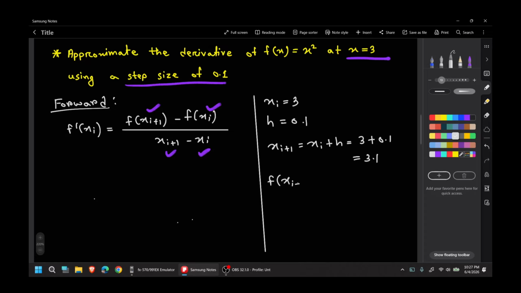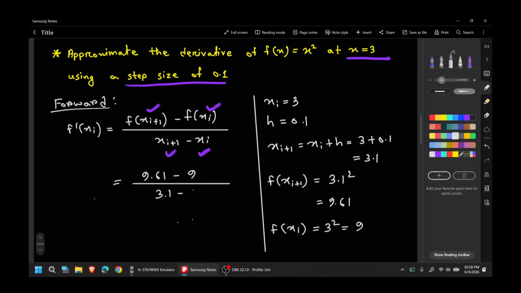So f of xi plus 1 will be 3.1 squared, that will be 9.61, and f of xi is 3 squared, that is 9. By putting those values here, we can see 9.61 minus 9 divided by 3.1 minus 3.